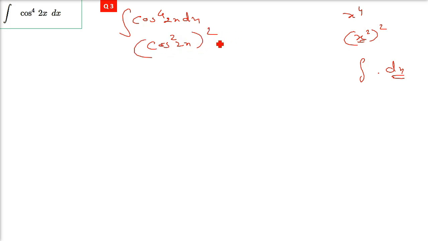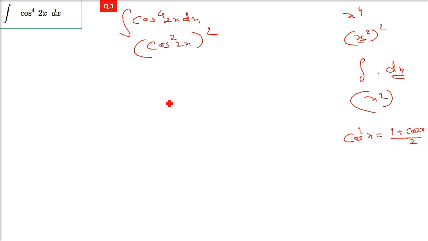So cos square 2x whole square. Now we have the formula of cos square 2x, we have the formula of sin square 2x. Alright. So we'll just use the formula of cos square theta because theta 2x is already there. So we'll use this formula and we'll try to make it easier. Okay. What is cos square x? It's 1 plus cos 2x by 2.